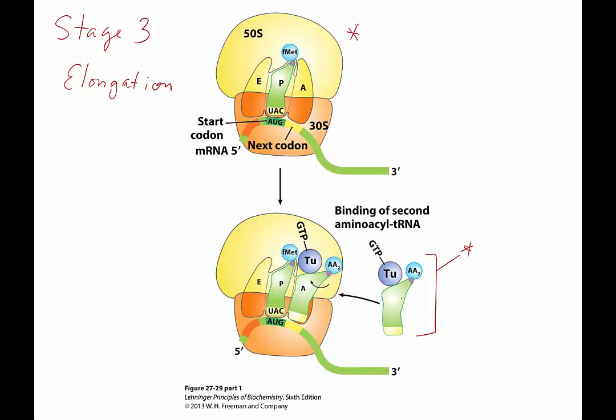Here we're also going to have some elongation factors, and we're just going to shorten them and call them TU, TS, and G. These are EF-Tu and EF-Ts, elongation factors, which we just abbreviate as EF for elongation factor.